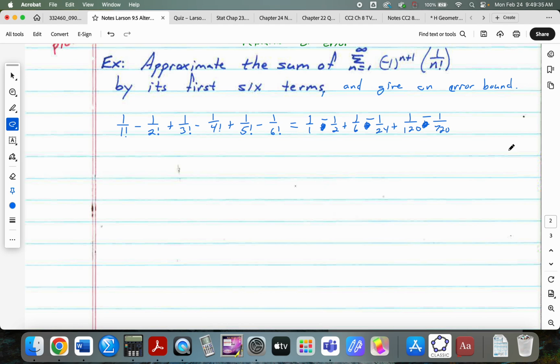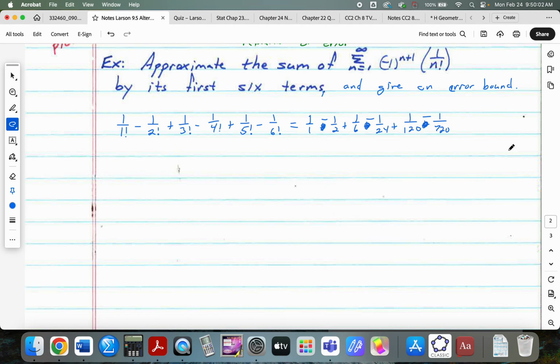I have no idea how much that is. Unlikely that that's something that you would be asked to do by hand. So 1 minus 0.5 plus 1/6 minus 1/24.